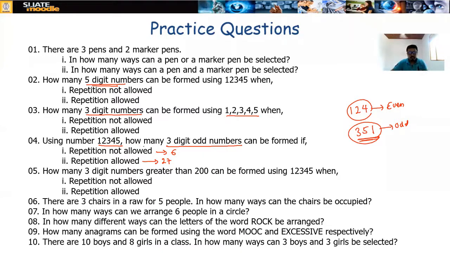If the repetition is not allowed, is it only 6? I doubt that. Others, if the repetition is not allowed, how many ways are there? The repetition is not allowed.